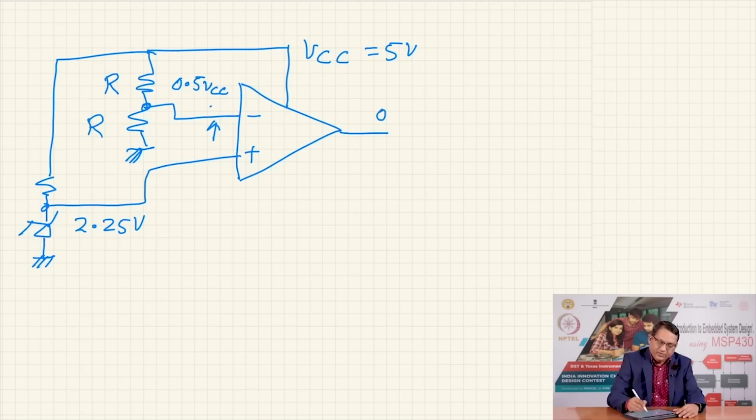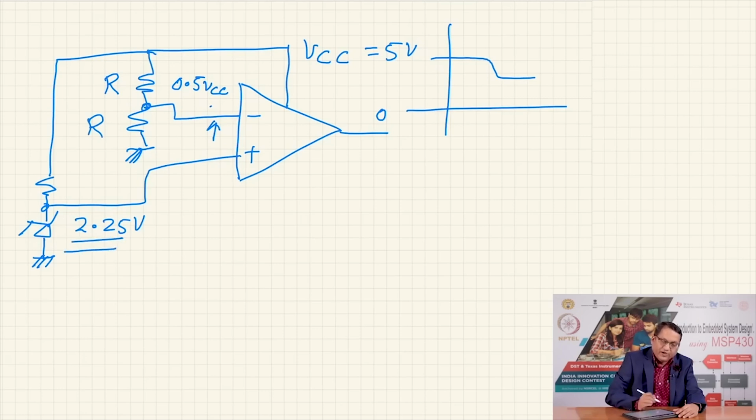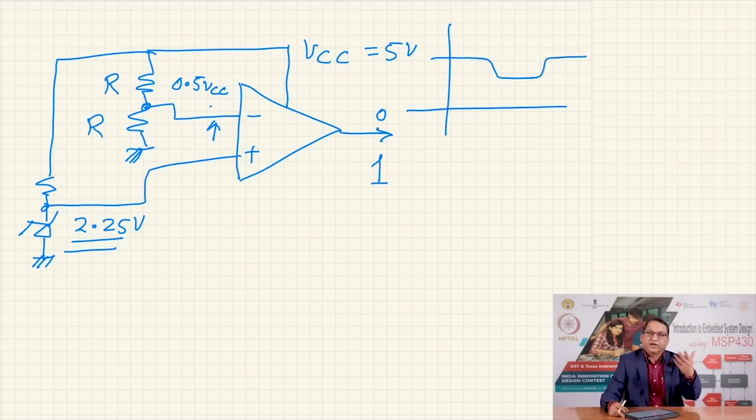But at any point of time, if this power supply, instead of being steady at 5 volts, falls to a low value such that the voltage here becomes less than 2.25 volts, the output here will go to 1, and this signal could be used to reset the internal reset circuitry of the microcontroller and hold it in reset till such time the voltage resumes back to the normal values, or at least exceeds the threshold at which the brownout detector kicks in.